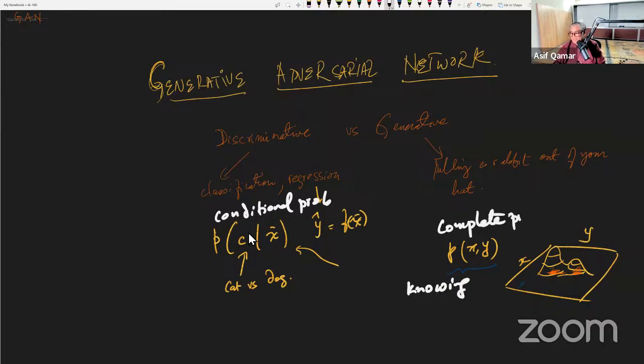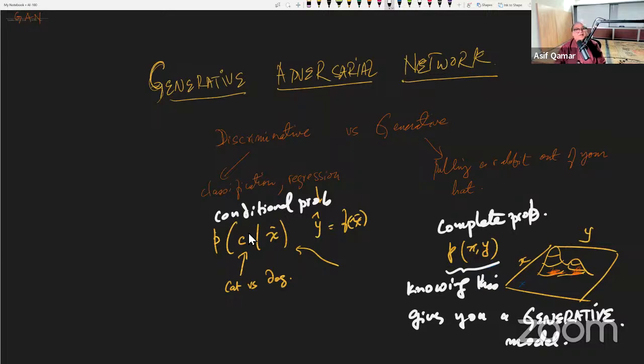The amazing thing is knowing this entire thing gives you a generative model. And if you think about it, you go like, wow, that's all it is.